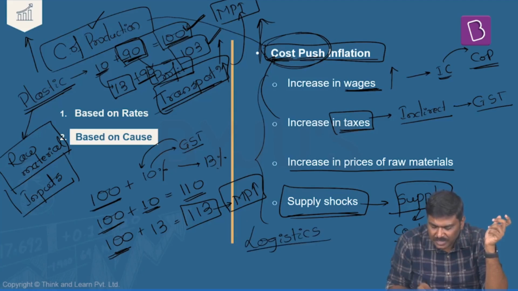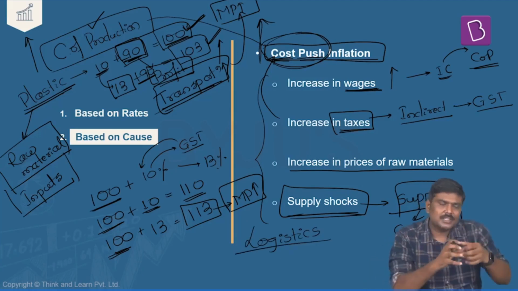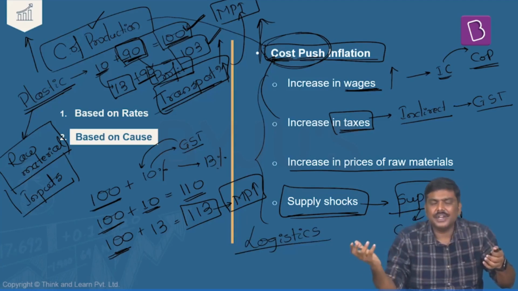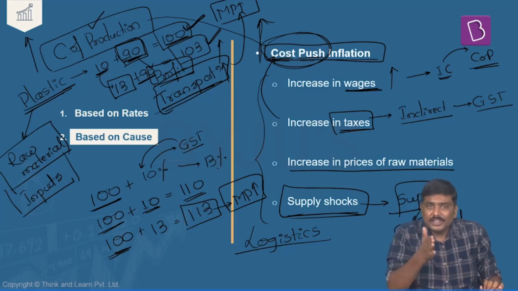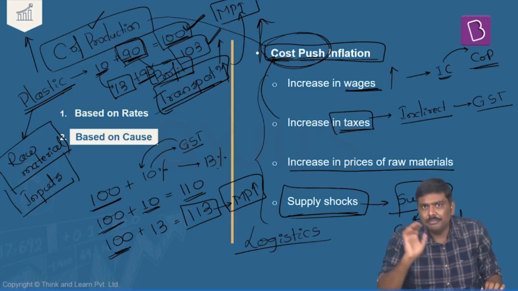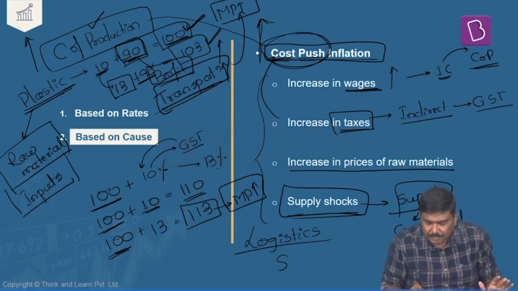And logistics is very important for a simple reason. In case of India, the products are moving from one state to another state. Raw materials are moving from one state to another state. When these kinds of restrictions are imposed, this will disrupt the supply chain in the market.